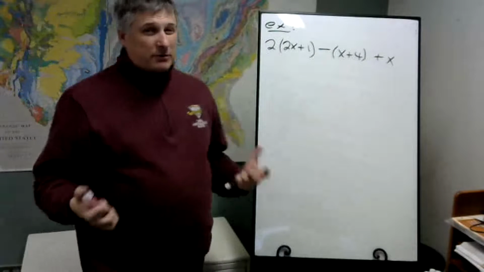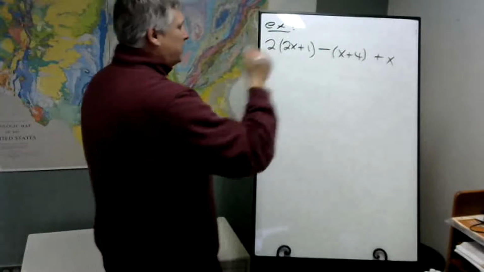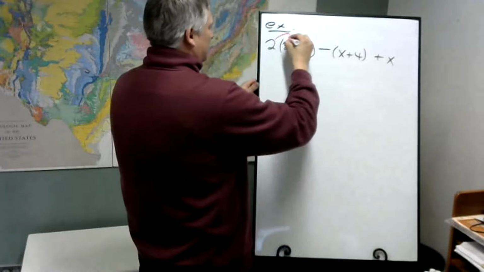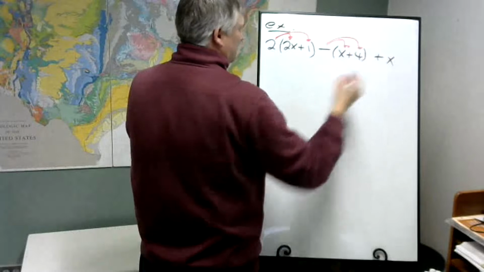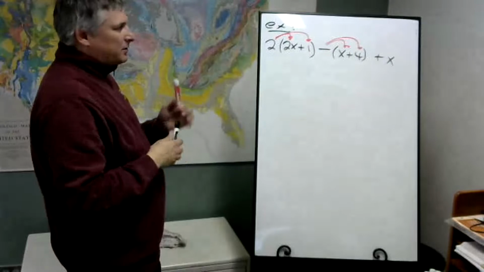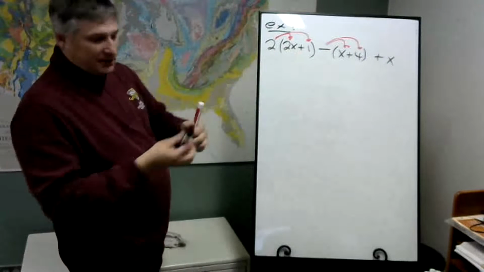Well, first off, we want to get rid of these parentheses. So we can do that by distributing. So we're going to distribute the number. We'll distribute the minus.